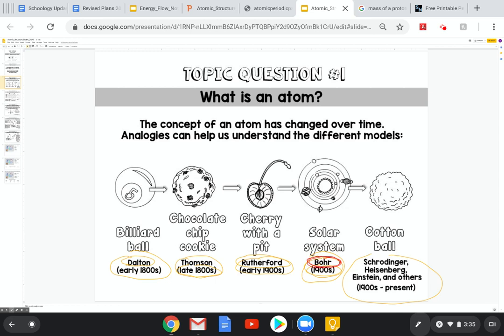Because when we get to the cotton ball model, the one that is accepted at the moment, it gets very, very complicated very quickly where electrons are within an atom. So basically, what you need to take away from this page is that over time, we get more information and are able to get a better representation of what an atom really is. Okay, so let's keep on moving.